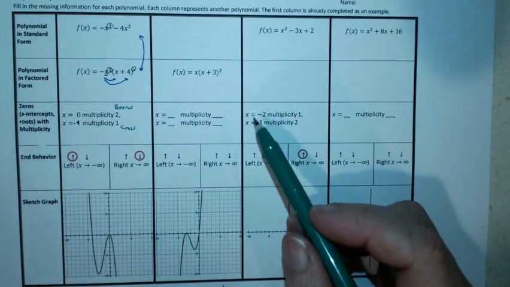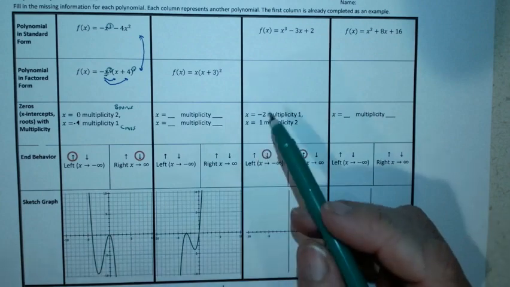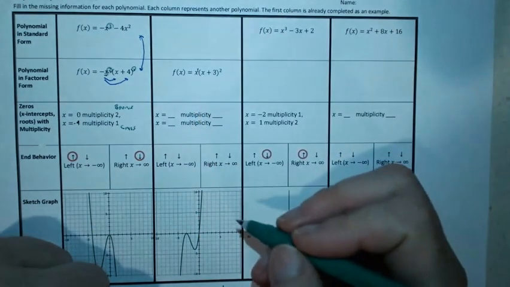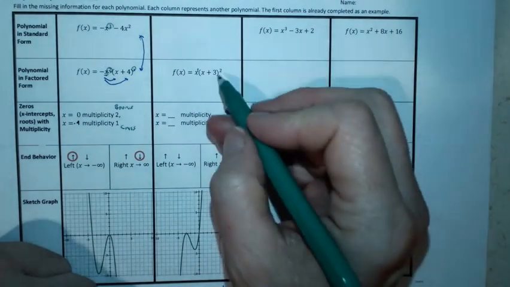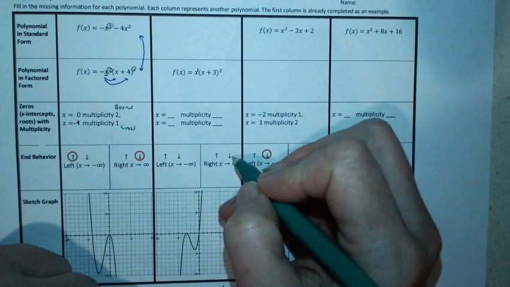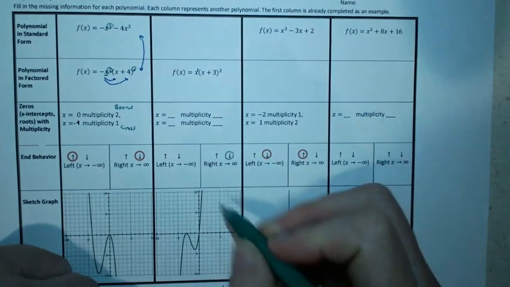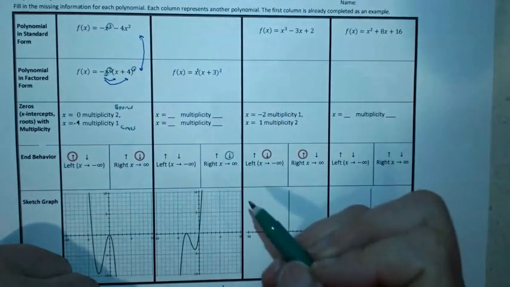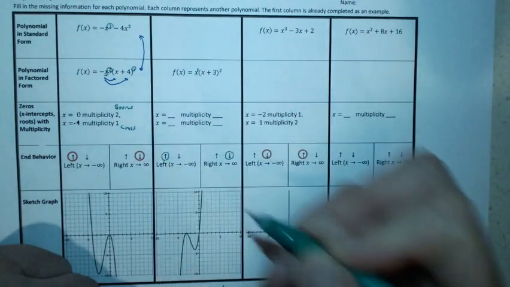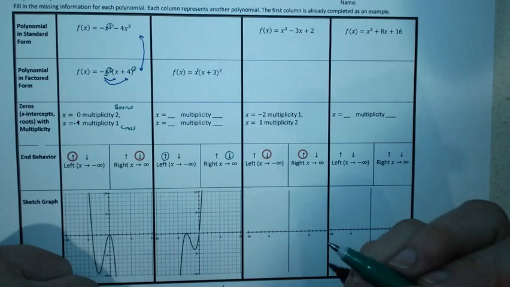So if I move over to this next column, I'm going to look and see what information I'm given here. I'm given my factored form here. This is a power of 1, so I know it's an odd function, right? 2 plus 1 is 3. That means my right-hand side is positive. It's going to be going down. My right-hand side, because it's an odd function, my left-hand side, my opposite side, will be doing the opposite thing, which is going to be going up. And it shows you that on the graph as well.